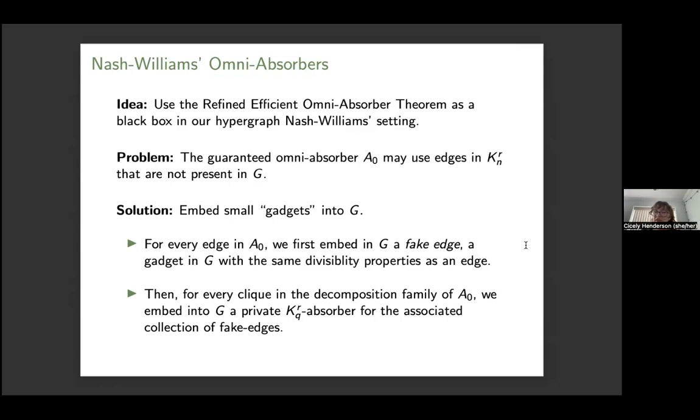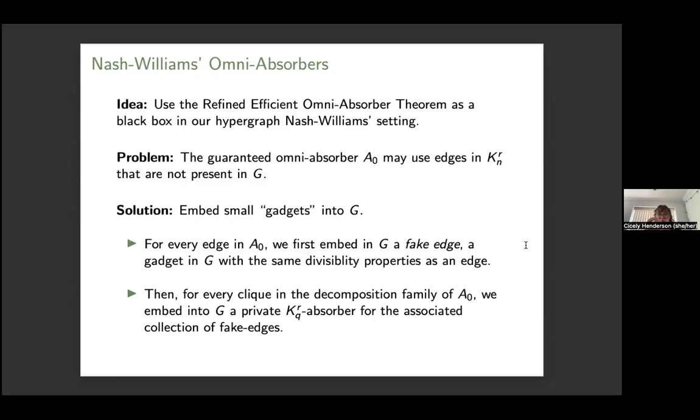Then, for every clique that the initial omni-absorber A0 wants to use, it really wants to use this clique to decompose a leftover. Well, we embed a private absorber for the associated collection of fake edges.